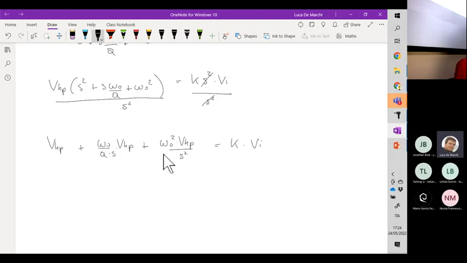So if we move these terms to the right-hand side of the equation, we have that VHP is equal to K times VI minus 1 over Q, which multiplies omega0 over S times VHP, minus omega0^2 over S^2 times VHP.